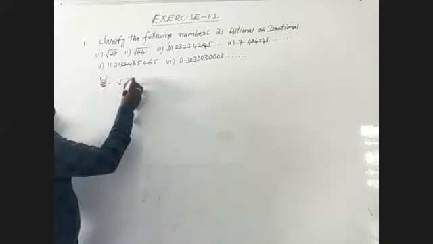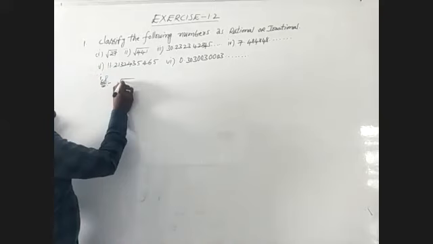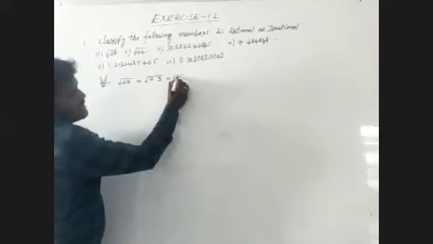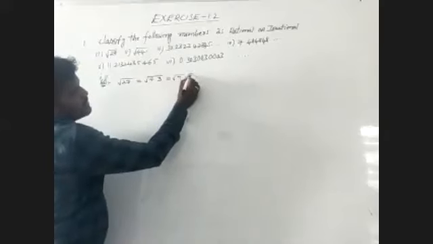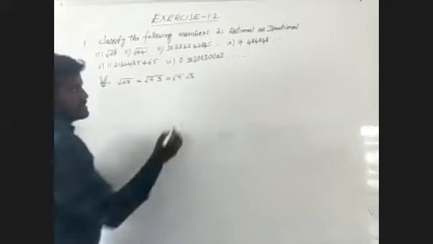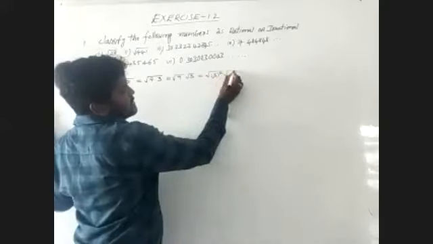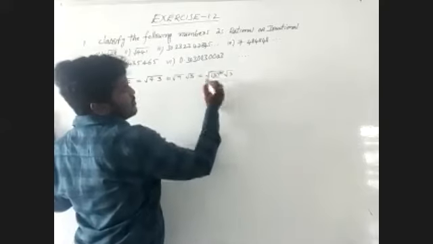The first one is root 27. Root 27 we write as root of 9 into 3. Root AB can be written as root A into root B. Root of 9 is written as root of 3 square, and the square and root cancel.